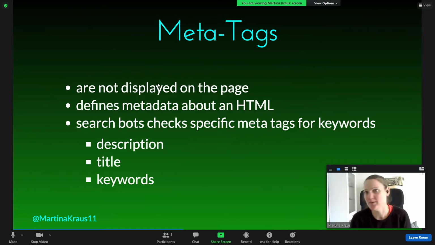And they admitted that the Googlebot doesn't care about the keywords inside the meta tag at all. What is really important is the description meta tag and the page title.